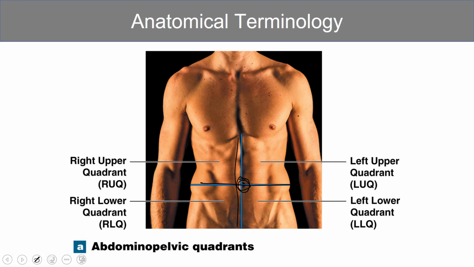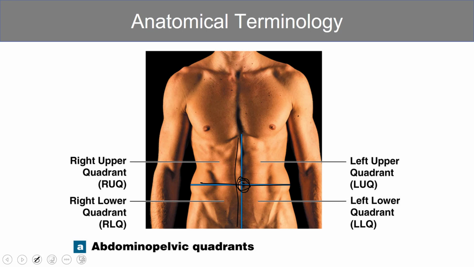You would think that this would be very easy, but you have to get your left versus right correct. And what I always tell students is left and right when it comes to healthcare is always with respect to the patient. So it's the patient's left and the patient's right. Sometimes if you're facing a patient, it's very easy to use your own left and right, which would be opposite, but it's always with respect to the patient.